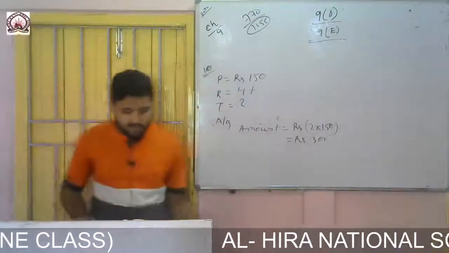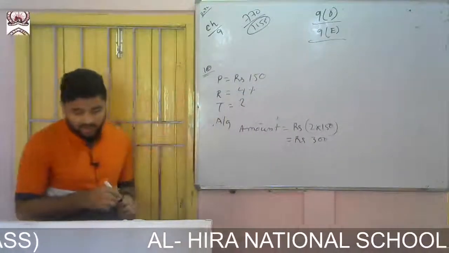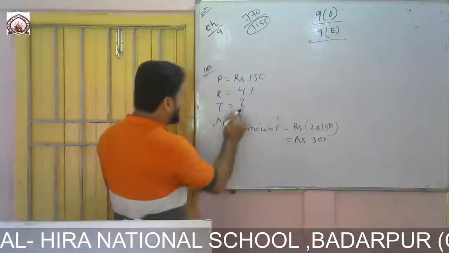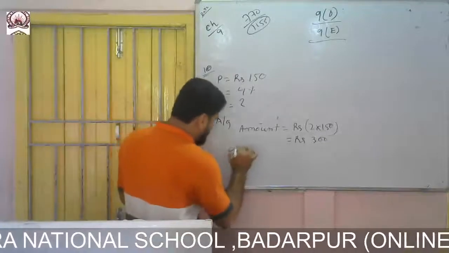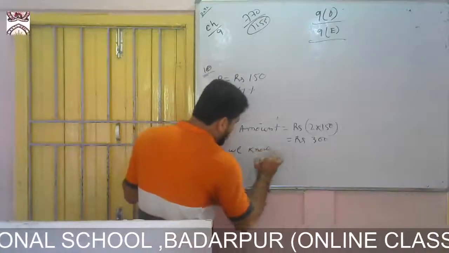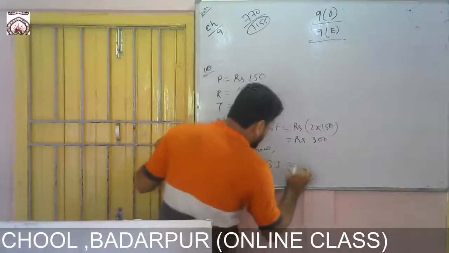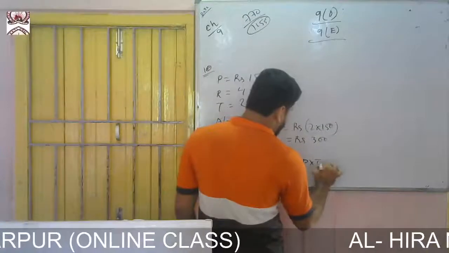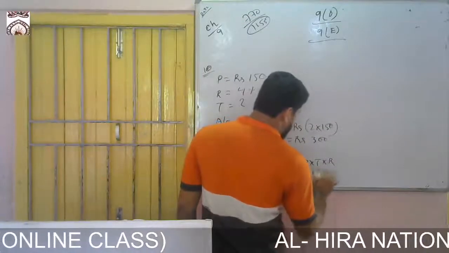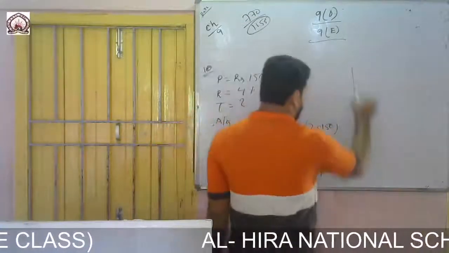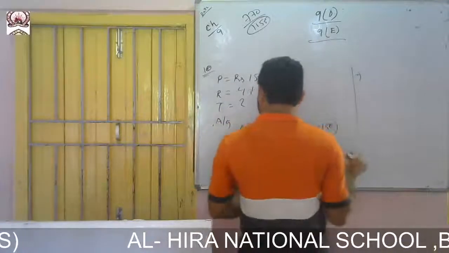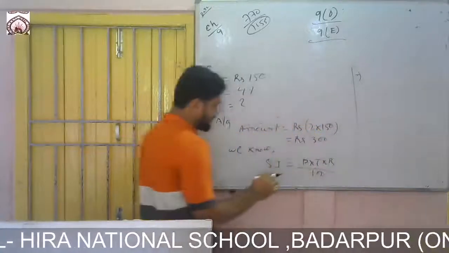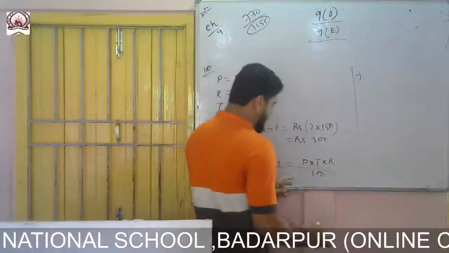Now you can find the simple interest, and from this simple interest we will find T. We know SI equals P into T into R by 100. Next, SI is what we need to find.